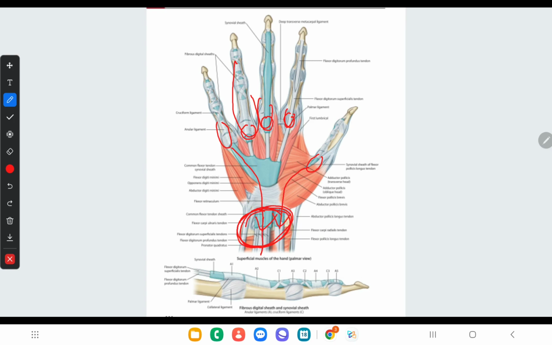Through this space of Parona, those infections can spread to the forearm as well. And there is another important thing. There is a cross connection between the ulnar bursa and radial bursa. Therefore, an infection in one bursa can spread to the other bursa as well.